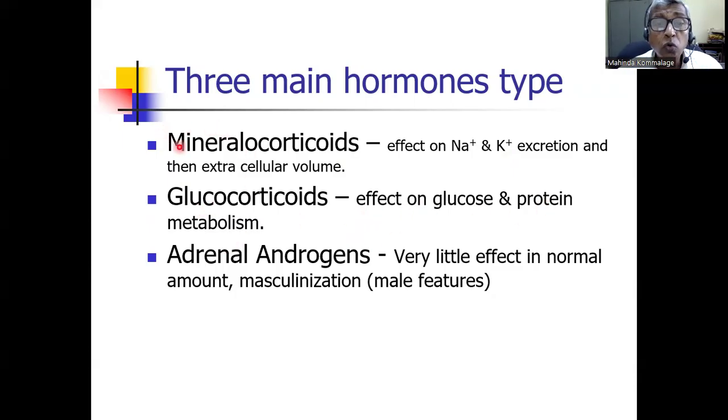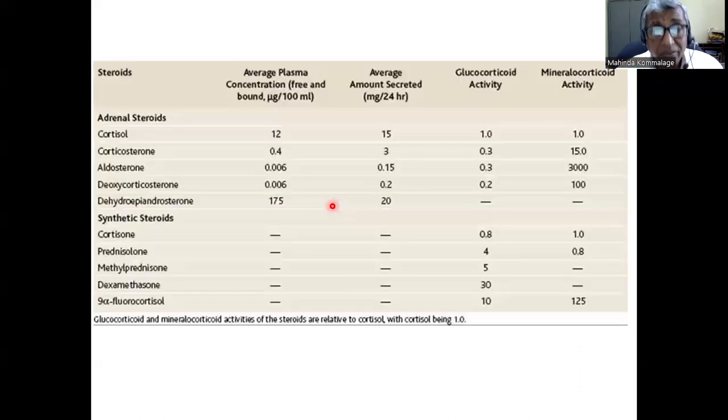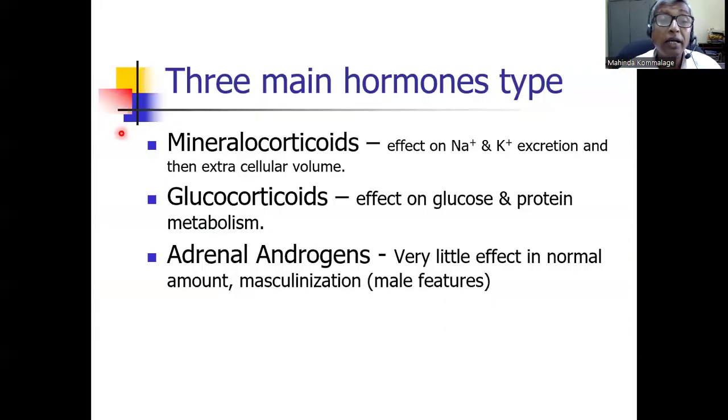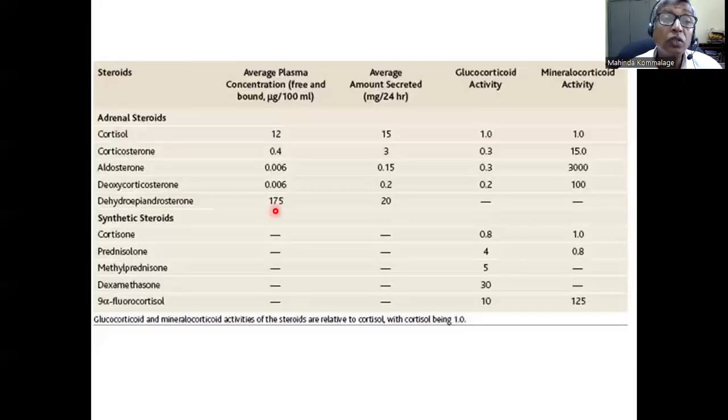So these are groups of hormone. Glucocorticoids are a group of hormones, right? Cortisol comes under the glucocorticoids. So cortisol is one type of glucocorticoid. This cortisol has a glucocorticoid action. In addition to that, it has a mineralocorticoid action.